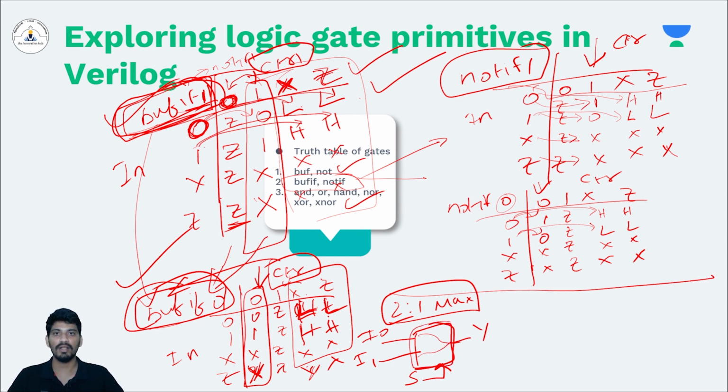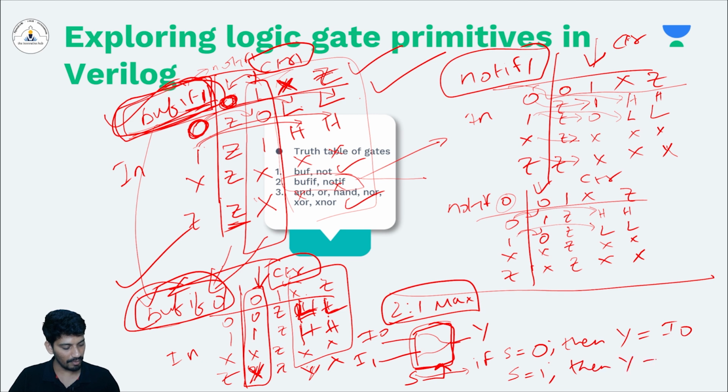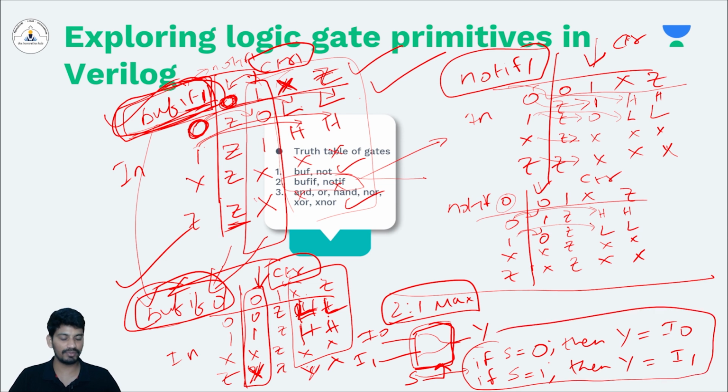You are asking whether S is equal to 0, then connect my Y to I0. If S is equal to 1, then connect my Y to I1. So you require an if statement. So that if statement can be easily implemented by using these buff gates like this.